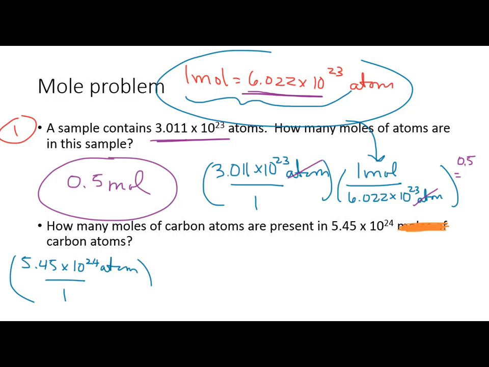Okay, and then again, I'm going to put 1 mole over 6.022 times 10 to the 23rd atoms. And again, with this method, we want our units to cancel, so our units of atoms cancel, which is awesome. And we have units of moles.